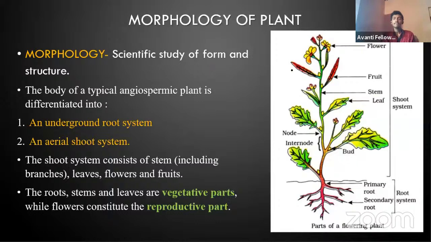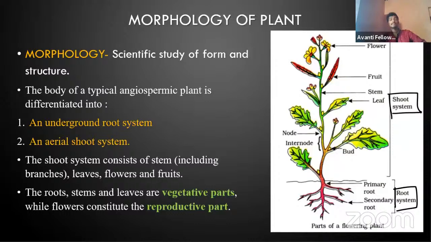So that's what we are doing here with respect to the plant. A typical plant, if you take, you can differentiate into two major sectors. One is the shoot system and another one is the root system. The shoot is the one present above the earth, having leaf, flower and everything.